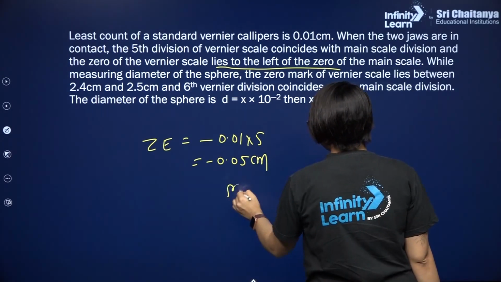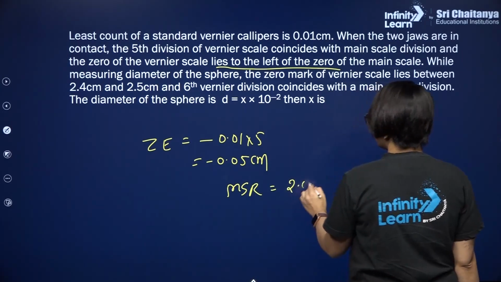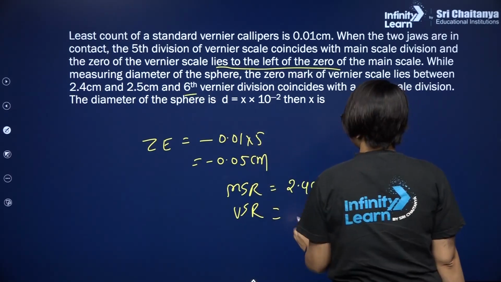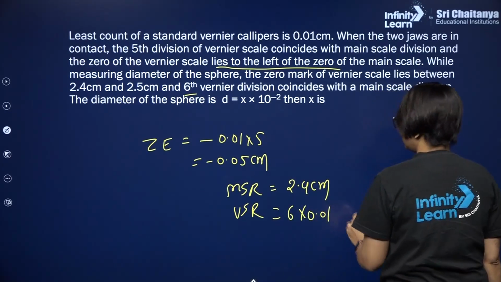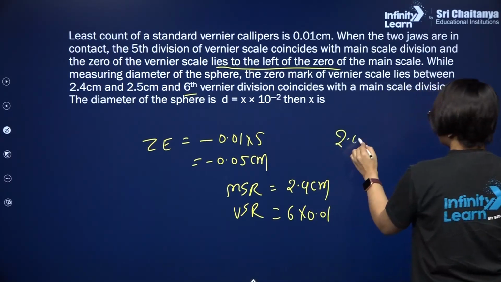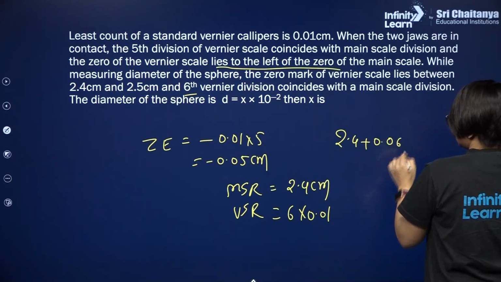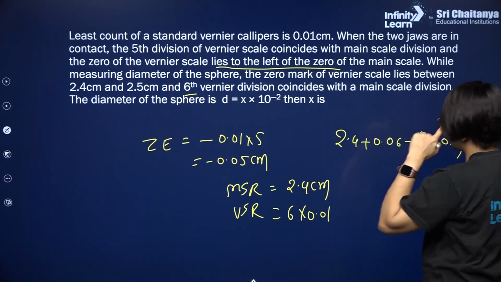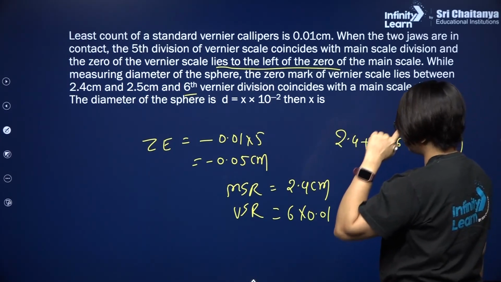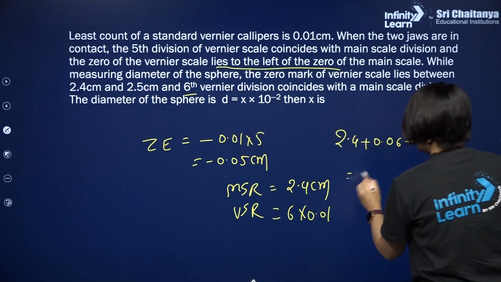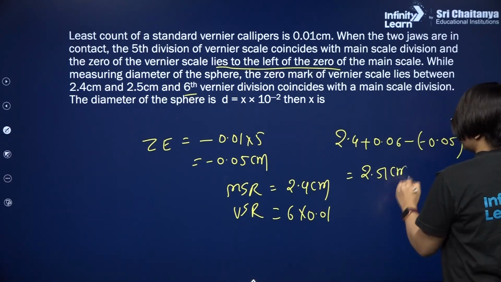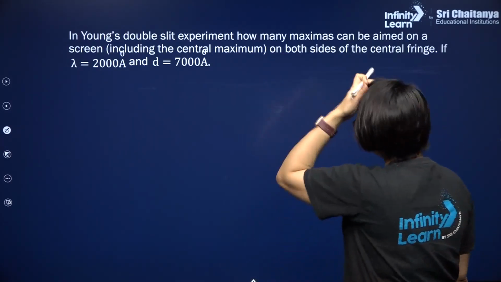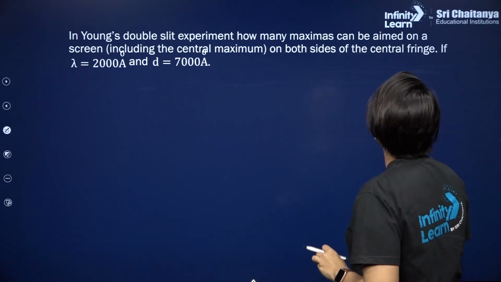So, main scale reading is 2.4 centimeter, vernier scale reading is 6 into 0.01. So, total reading will be 2.4 plus 6 into 0.01 minus of minus 0.05, right. So, this will give you your answer over here as 2.51 centimeter.